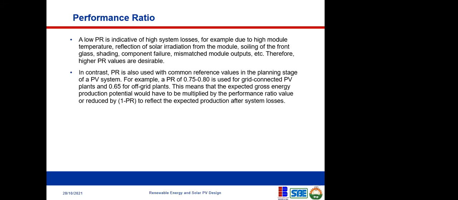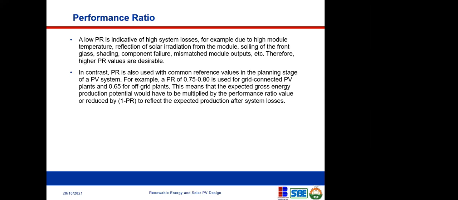So in contrast, performance ratio is also used with common reference values in the planning stage of a PV system. Now what this is trying to say is that when you're doing your PV design, don't take the rated nameplate value and just plug it into your design.